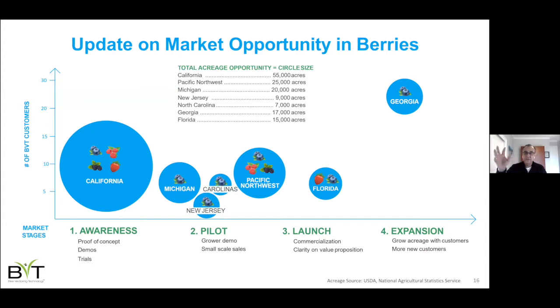Which we've been able to show and demonstrate for Georgia. But we need to recognize that we're just starting in markets like California or in New Jersey. We're at the relatively early stage. So our job and our sales and marketing people's jobs is to progressively move these bubbles from the bottom left to the top right, okay?